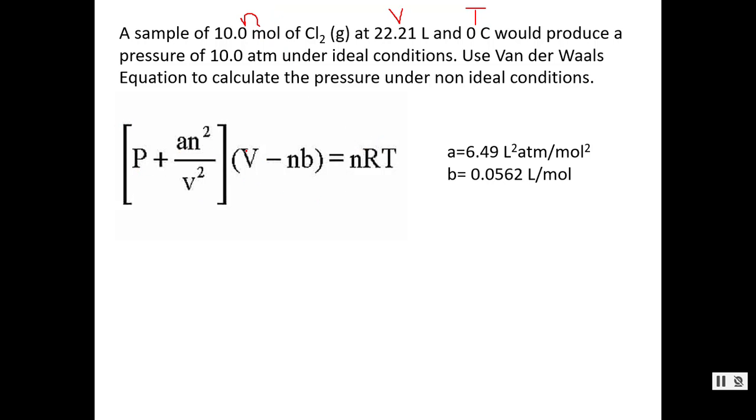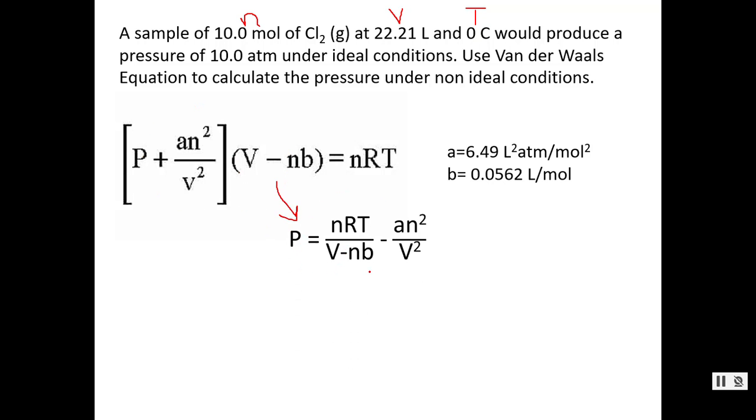I need to get the V minus nb term to the other side, so I divide both sides by V minus nb. Then I subtract an squared divided by V squared from both sides. Doing those two algebraic steps, the van der Waals equation becomes this expression to solve for pressure.